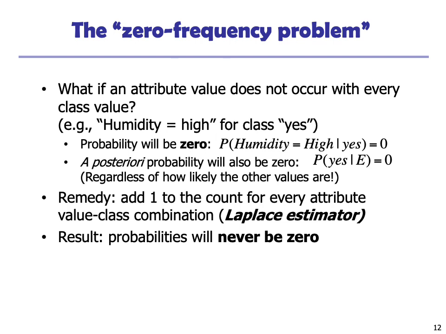If we have that, then the entire posterior probability, which is P of yes given E, will be 0 as well, because remember, it's a multiplication. So how can we solve this problem? There is one remedy called the Laplace estimator.